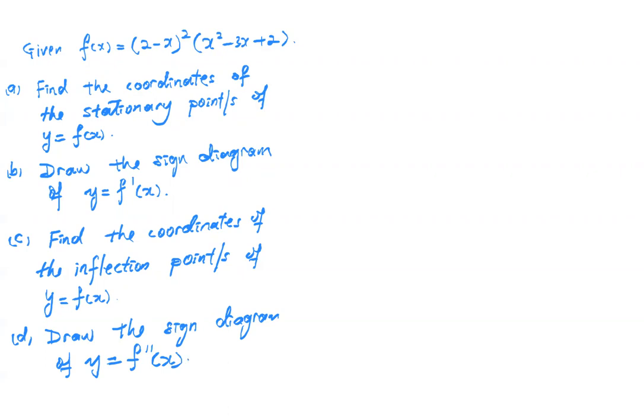Okay. Just give you some clue. If I want to find stationary point of y equal to fx, it means that I have to f prime x equal to 0. If I want to find inflection points of y equal to fx, I must start with f double prime x equal to 0. Okay? So you may start now.